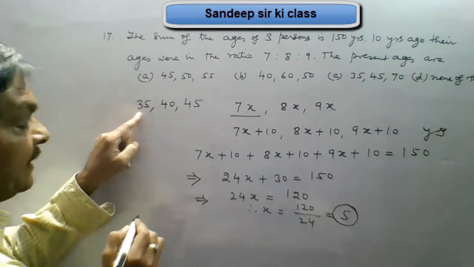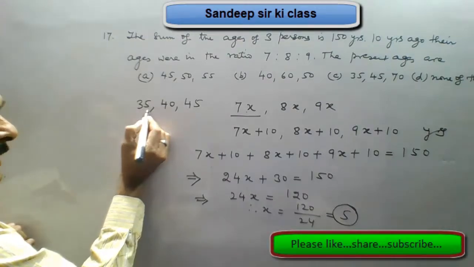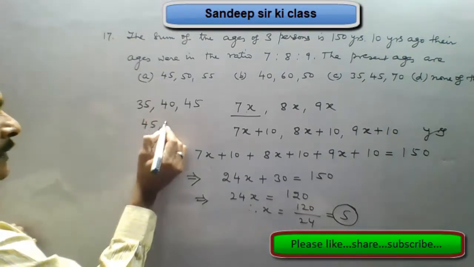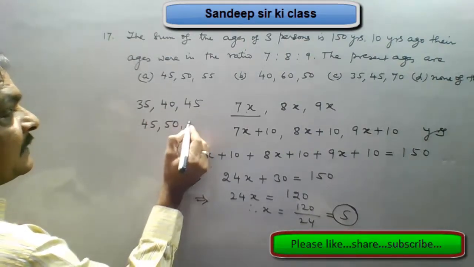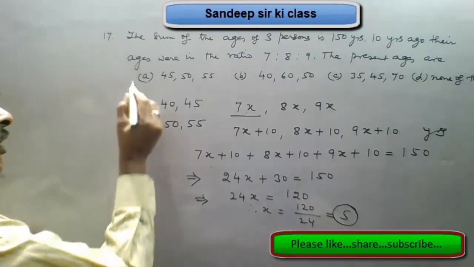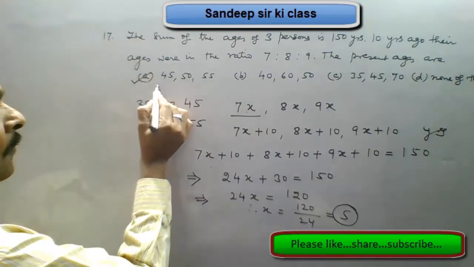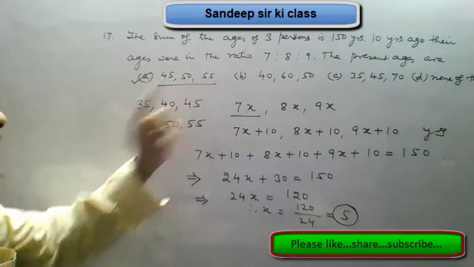So the present age of the first person, that is after 10 years, will be 45, the second person 50, and the third person 55 years. Hence our option A is correct. The present ages of those three persons are 45 years, 50 years and 55 years.